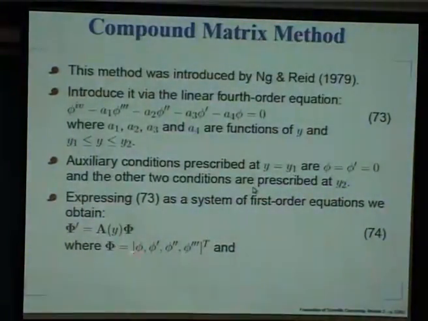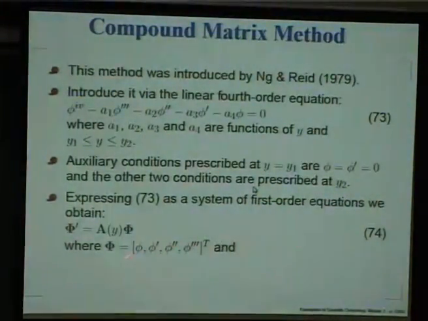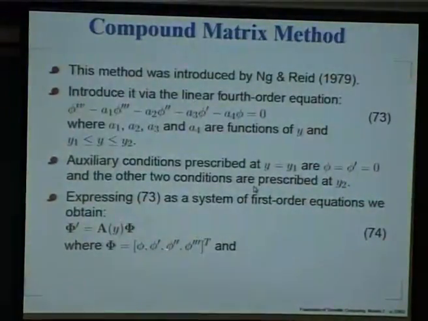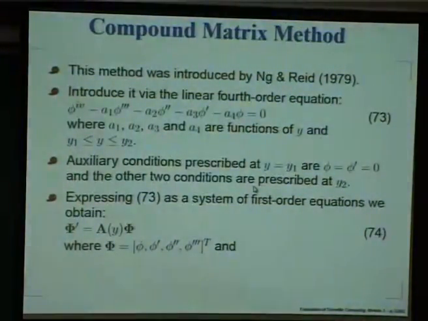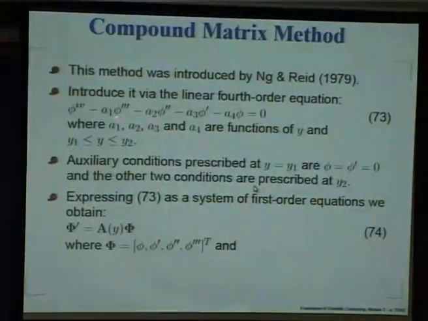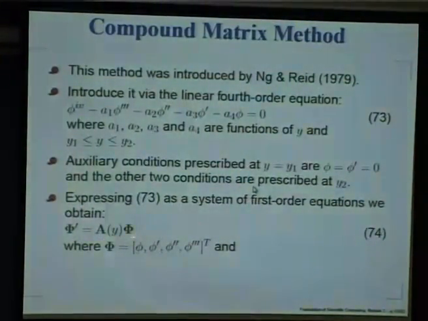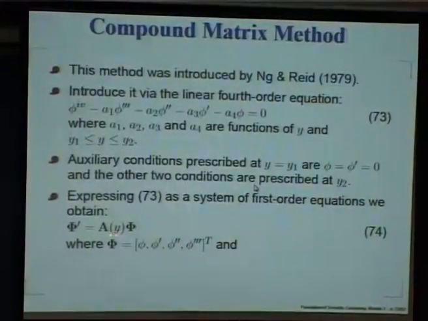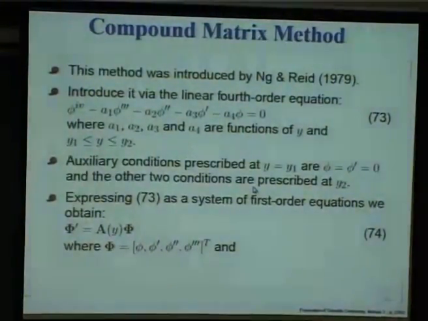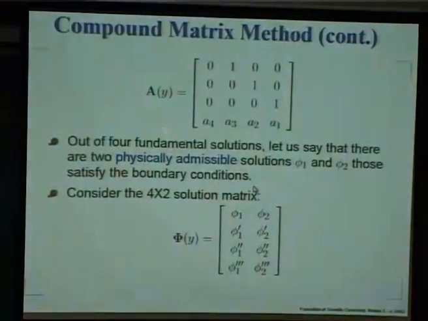So, we can define auxiliary variables like phi prime, phi double prime and phi triple prime. This gives you a fourth order system, and what you can do is convert the equation 73 into a linear algebraic equation. Phi prime is some A matrix times phi, and this is what you would get.